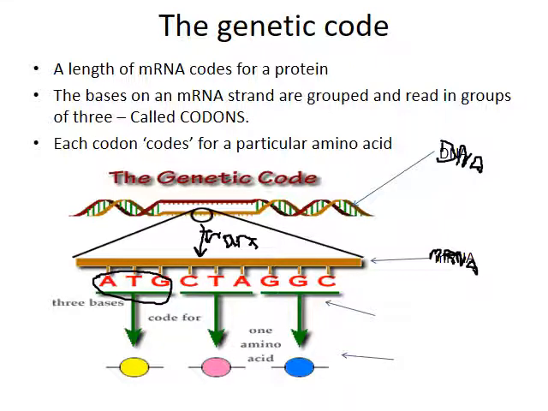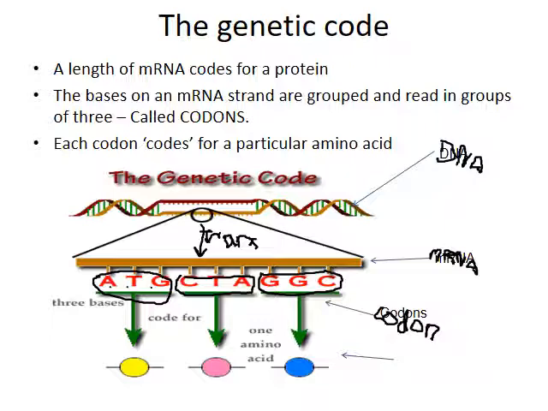We read ATG together as a three, CTA would be together as a three, GGC would be together as a three. Each group of three nucleotides on mRNA is called a codon. So in this example, we've got three codons because a single codon is a specific group of three nucleotides.